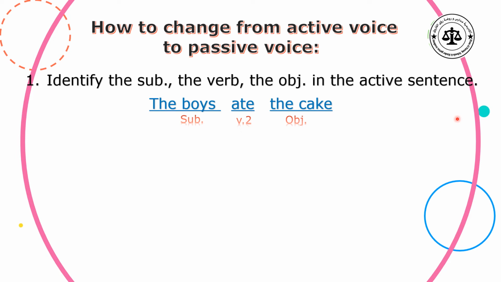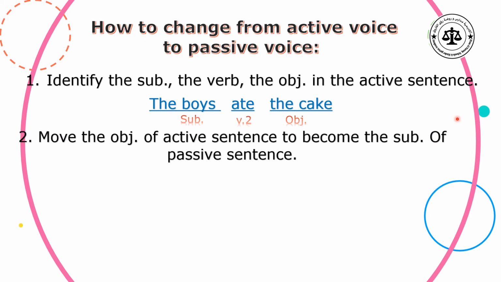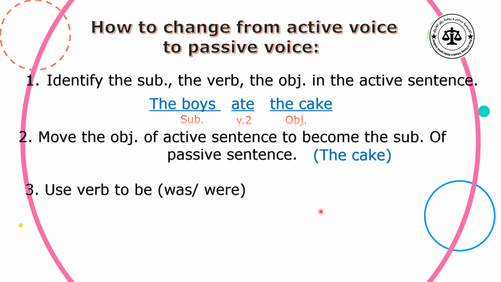Number 2, or step number 2, what we should do? Move the object of the active sentence to become the subject of the passive sentence. This is the object. We will start our new sentence by it. Look, the cake. The next one, use verb to be, was or were.